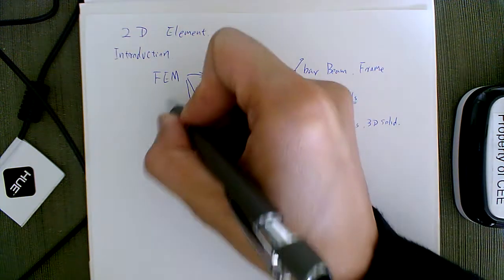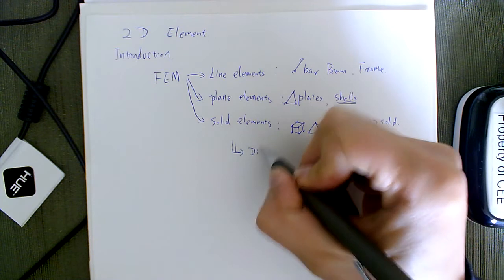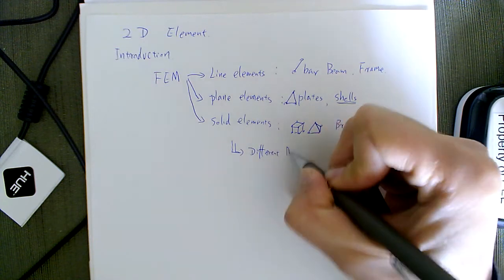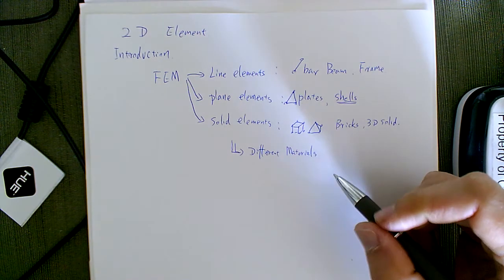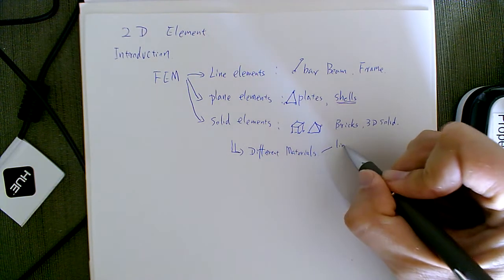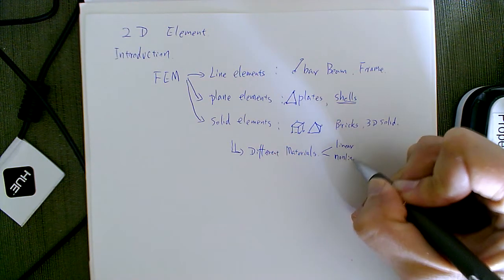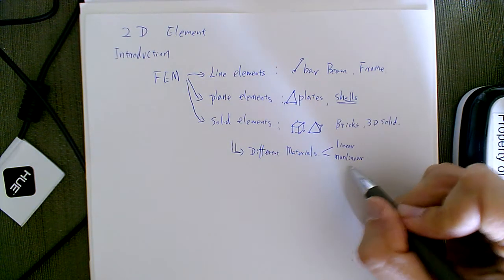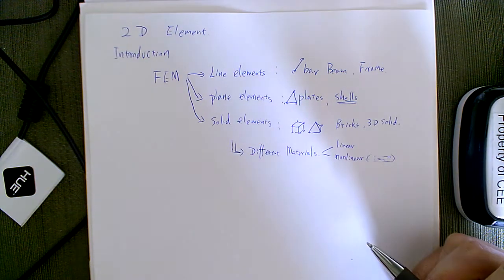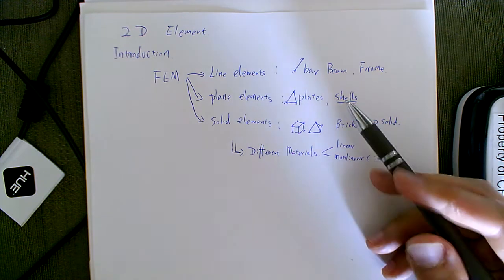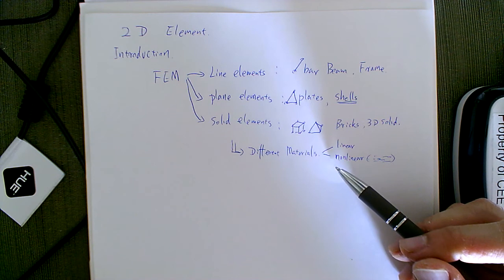Then every single one of them can be combined with different materials, and those materials can be linear, and then nonlinear, of course. There's so much more here. Then you combine your geometry with a different material, and you have all kinds of crazy elements.